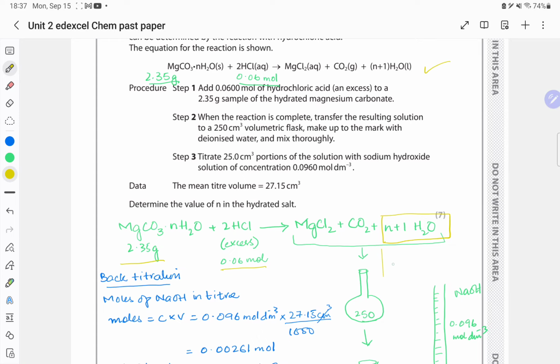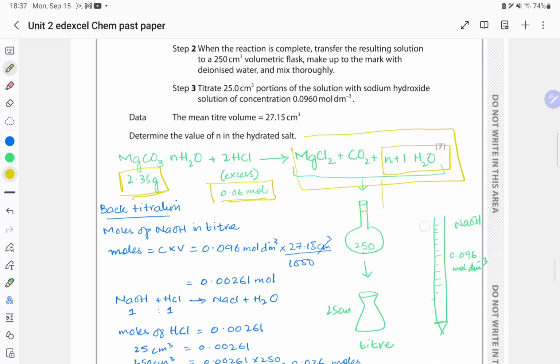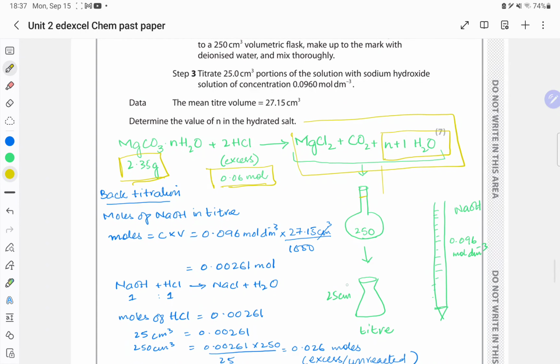So once they have added this, we have got this product, and out of this they have made the solution up to the 250 mark, mixed it with deionized water, and then taken 25 cm³ of this solution into a conical flask in order to titrate it, and they have titrated it with sodium hydroxide. Why? Because this solution contains HCl, right?